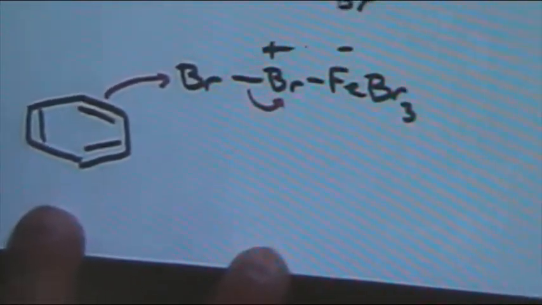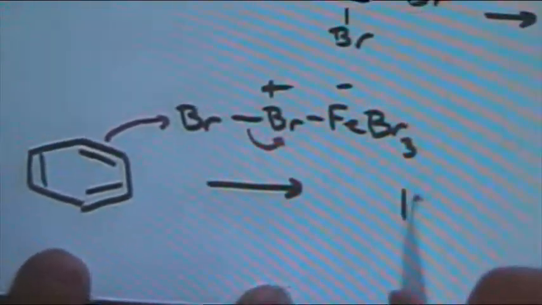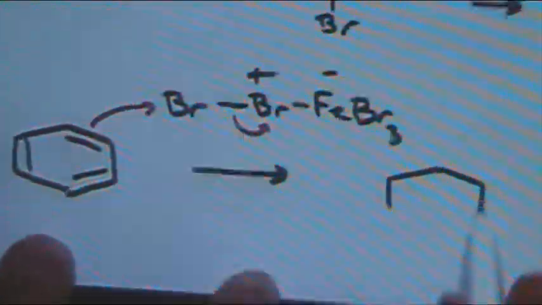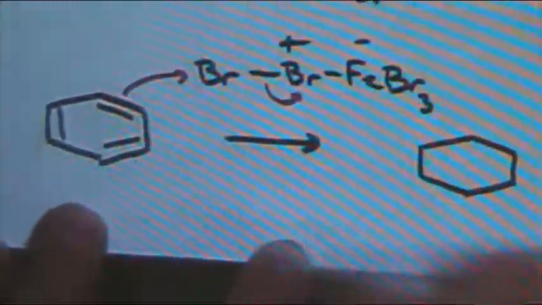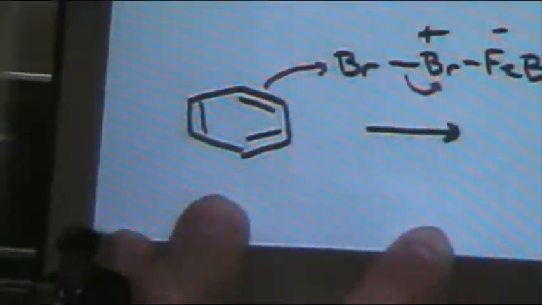So now let's draw out the next intermediate in our mechanism. I'm going to have a carbon-bromine bond in my next intermediate. And there was a hydrogen atom here that I didn't draw. If you draw this carbocation, this arenium ion intermediate like this, you're screwed.